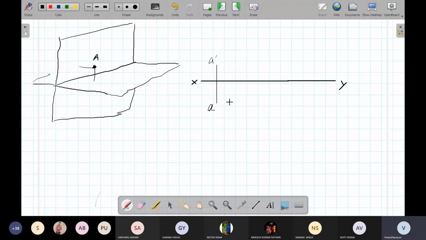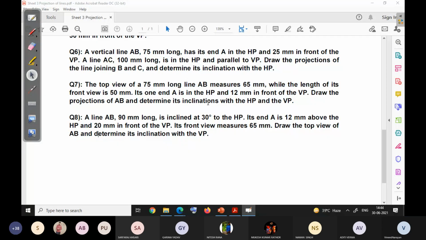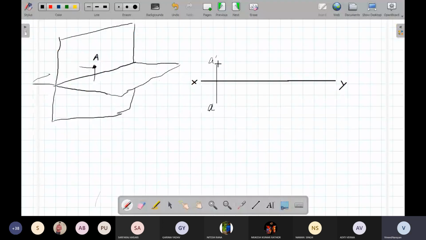Which is inclined, its front view measures 65. So take an arc of 65. And draw an arc of 65.